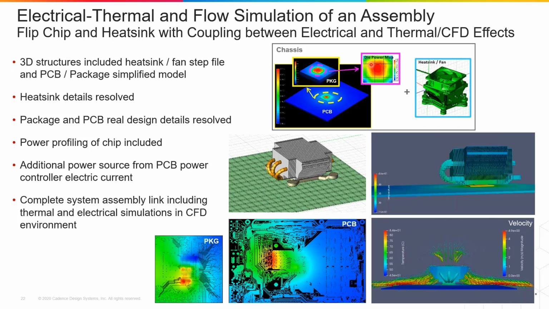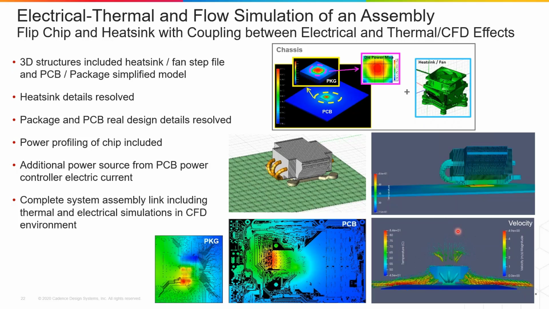After we get that actual realistic power consumption inside the chip, which is the main heat source, then we can do an analysis together with package and PCB and all those heat pipes and heat sinks to perform the thermal CFD global solutions. Then again, we can dive into details as we want.